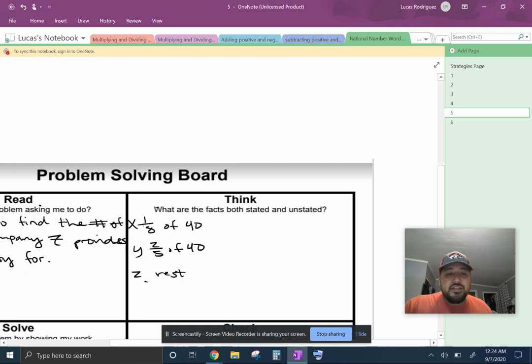So this needs to be: Company X provides less than 40 houses. Company Y provides less than 40 houses. And so Company Z should be less than 40 houses. And all these numbers should add up to 40. So the first thing I'm going to do is find the number for X and Y. The second thing I'm going to do is add those up.